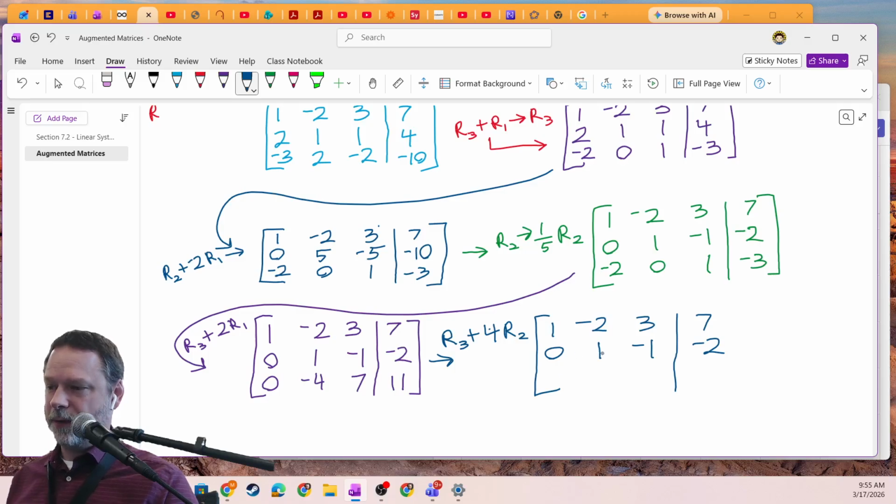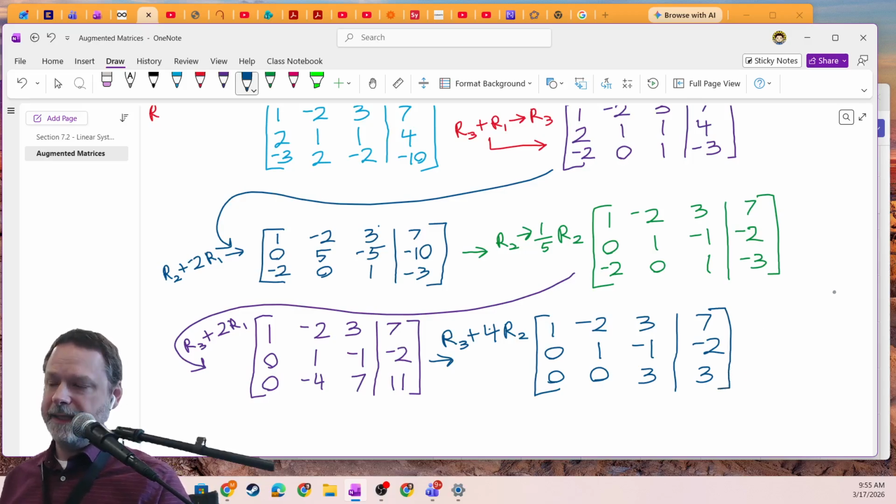So 4 times 1 is 4 plus negative 4 is 0. 4 times 0 plus 0 is 0. So I got 0 here now. And then 4 times negative 1 is negative 4 plus 7 is 3. 4 times negative 2 is negative 8 plus 11 is 3. And we already know the answer to this.